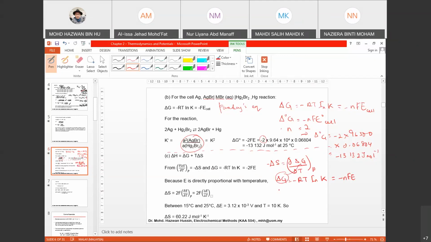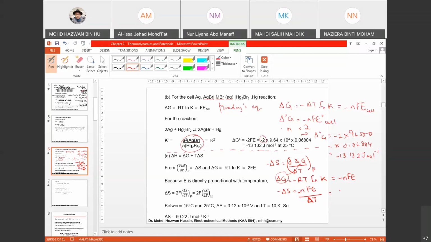What will happen is basically negative nFE over change of T, or delta T. Negative to negative, it will be positive.